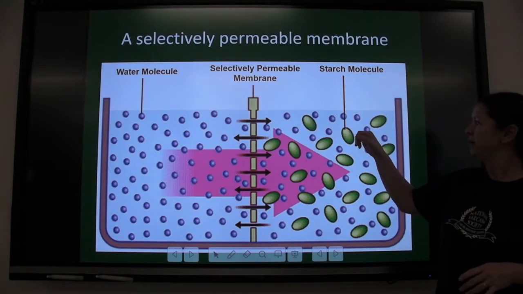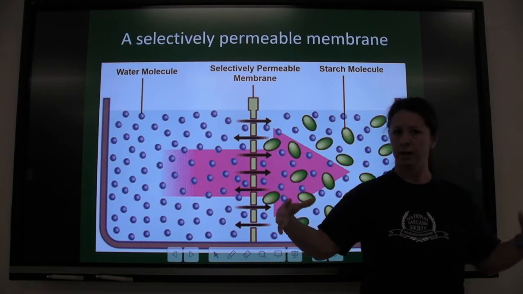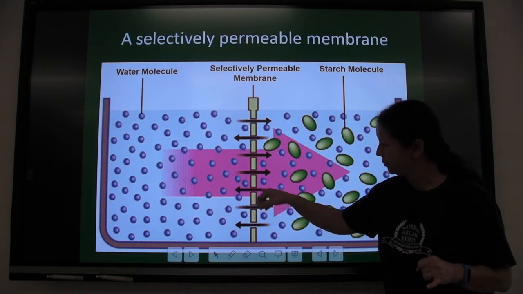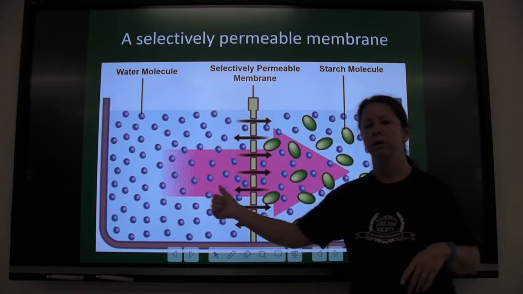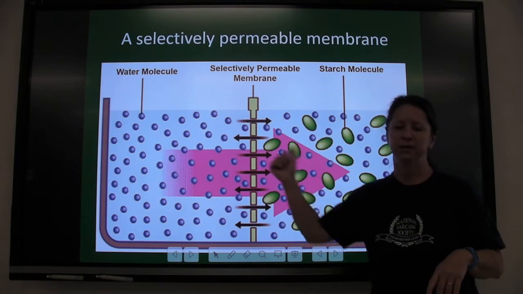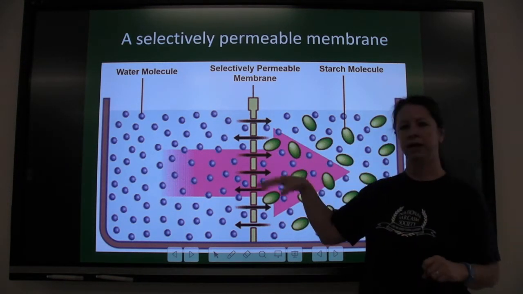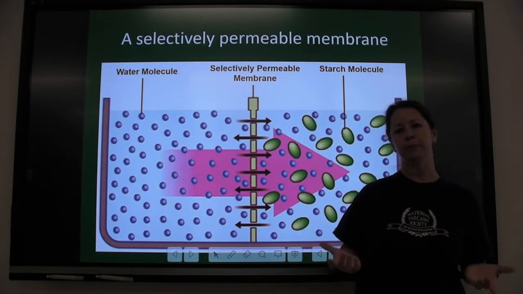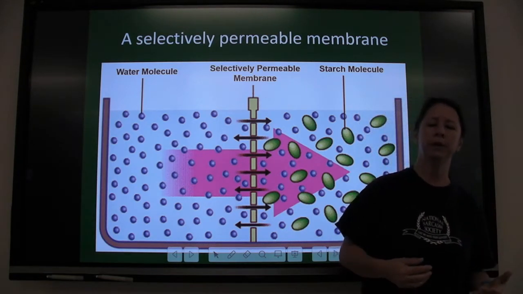But then you have these starch molecules. Starch molecules are big, and they are too large to fit through these little tiny holes in the membrane. So while the water can go back and forth as much as it wants, the starch is all stuck on this side because it can't get through. So that's what we mean by selective permeability, or a selectively permeable membrane.